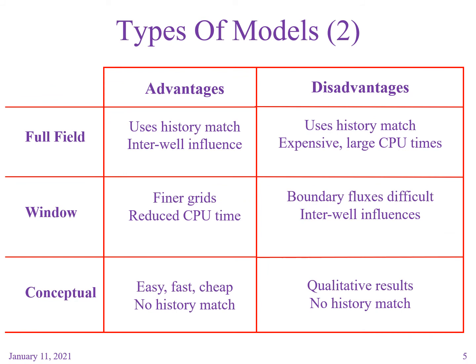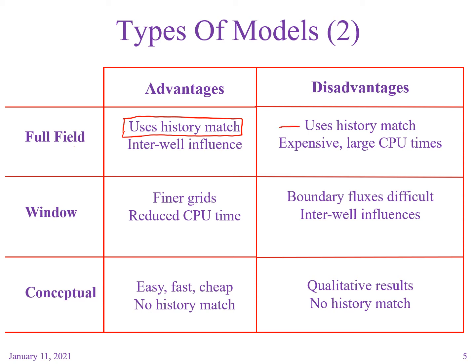And here we compare the advantages and disadvantages of these different types of models. One of the advantages of the full field model is the fact that it can use a calibration of the model to observed historical data, right?